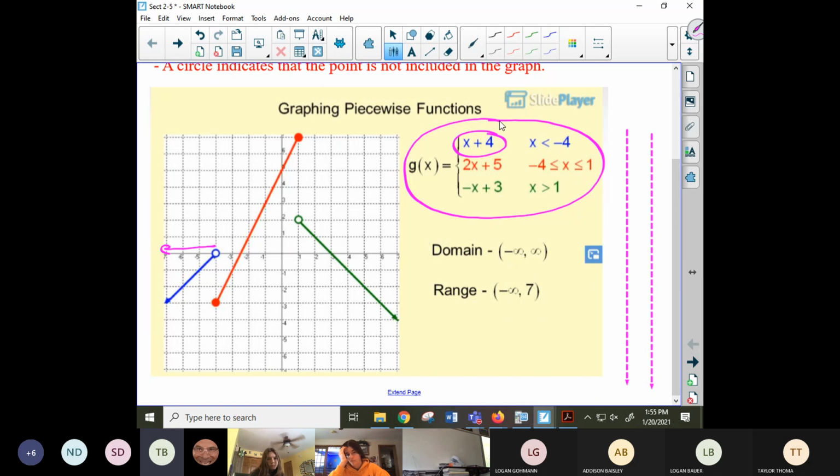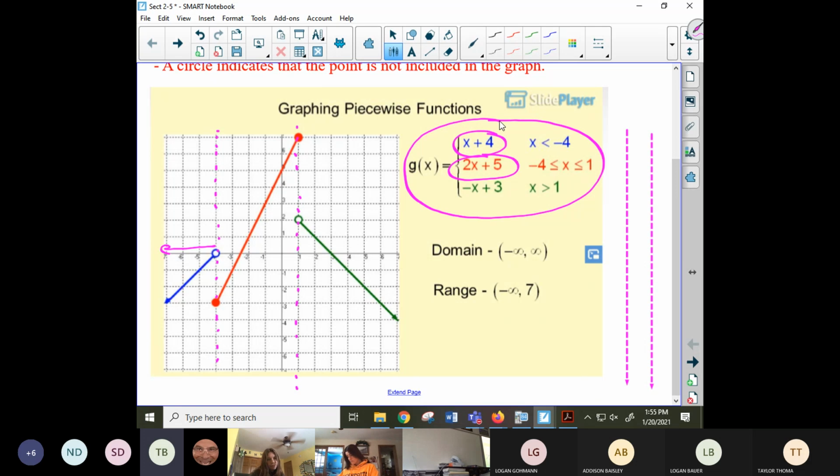Then in the middle of the graph, they're using this, 2x plus 5. And that goes from x is a negative 4 right here to x is 1 right here. Okay, that is this line.